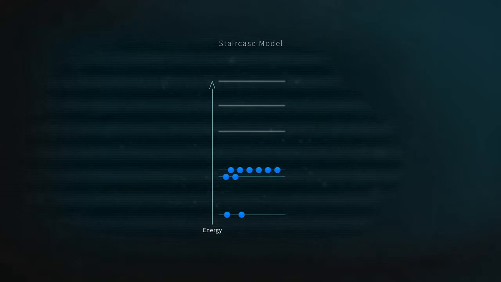Electromagnetic radiation, in this case green light, can provide exactly the correct amount of energy for an electron to jump energy bands, energy levels. This electron will stay there for a short while before falling to a lower energy band, in this case emitting orange light.